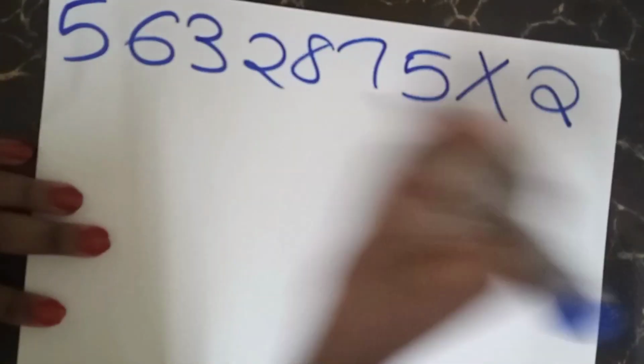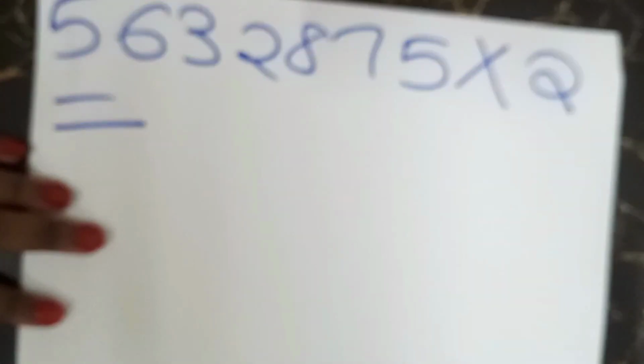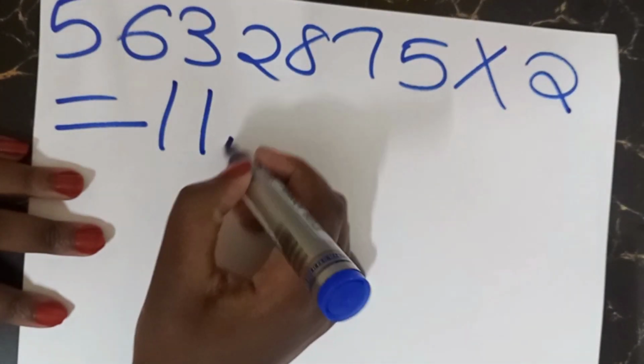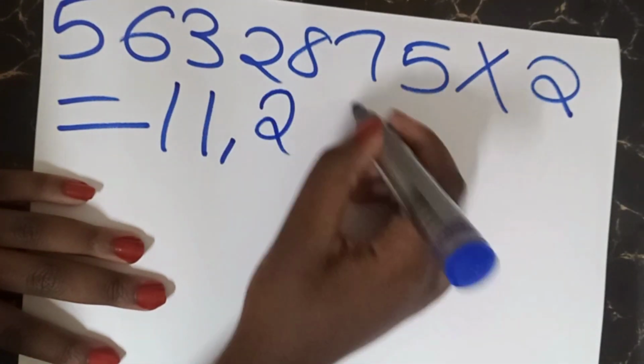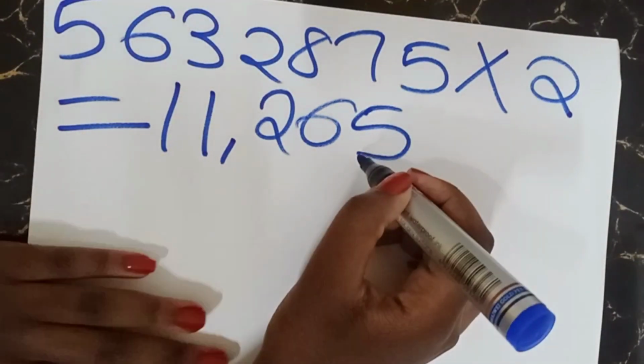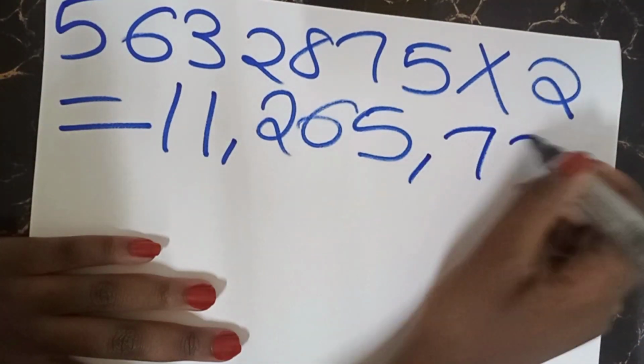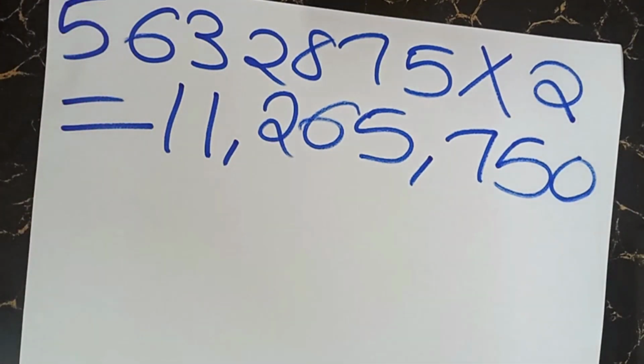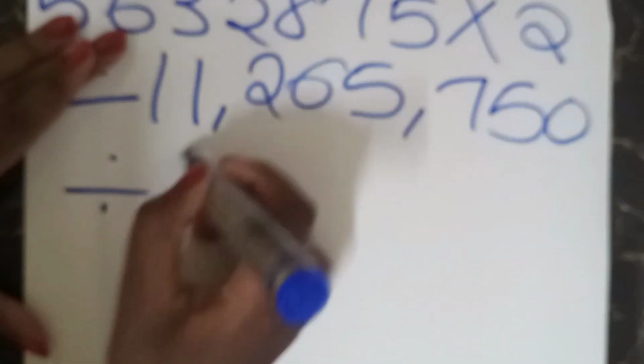Times 2 is equal to, when you multiply this by 2, you're supposed to get this. And then when you divide it by 10, what will you get?